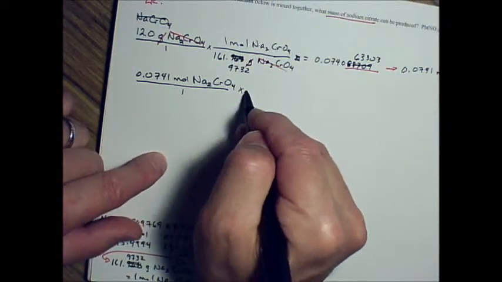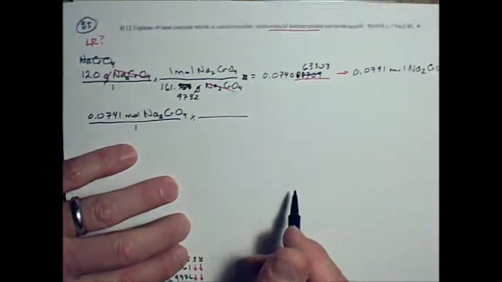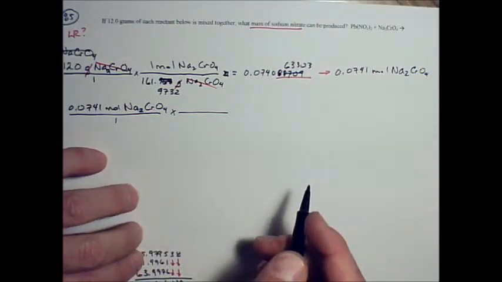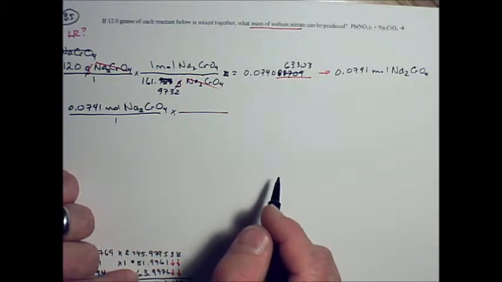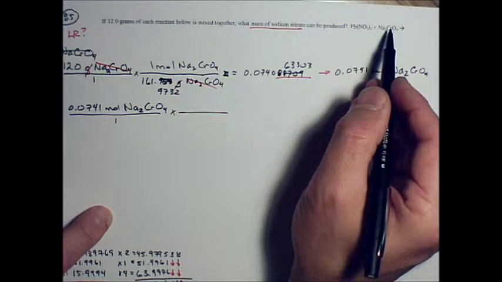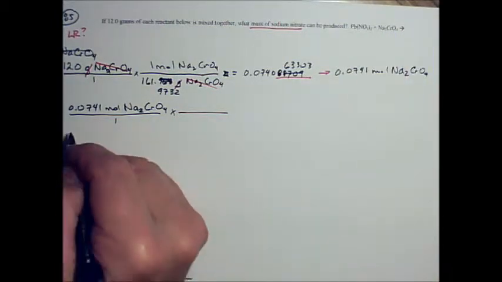The next thing we're going to need is a molar ratio. A molar ratio must come from a balanced chemical equation, and we don't have that yet. So we better start balancing the equation. These are our reactants, but we have to predict the products.